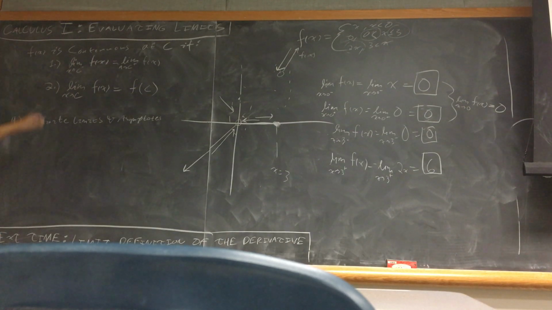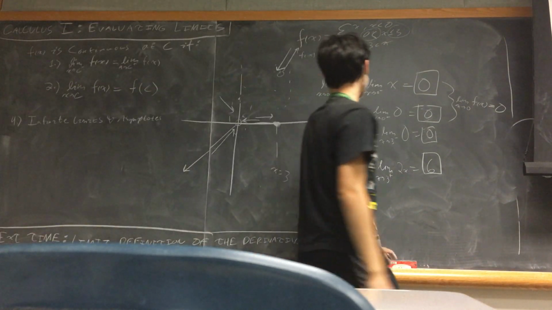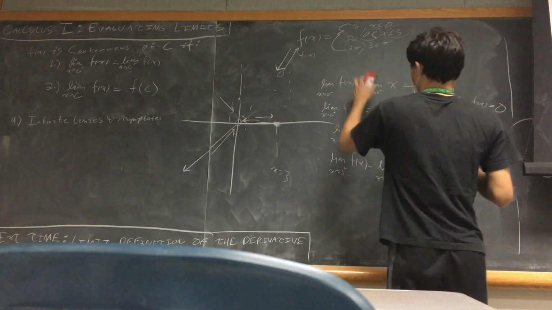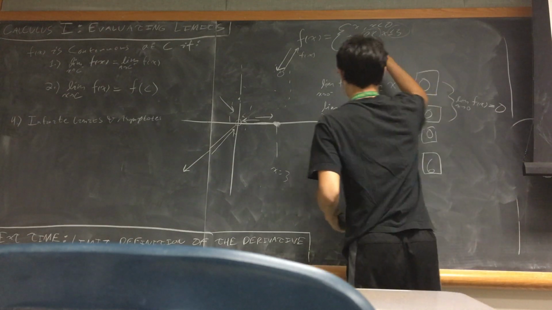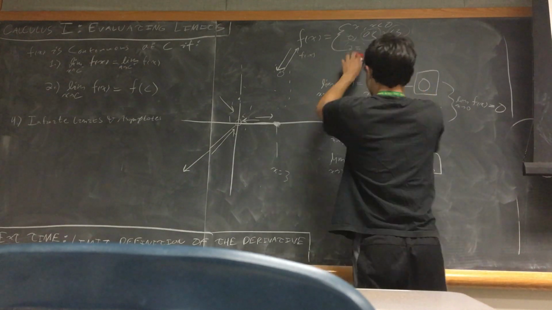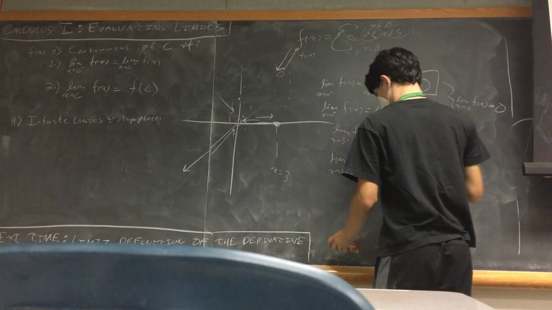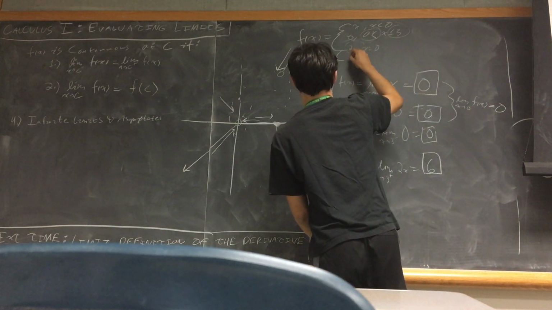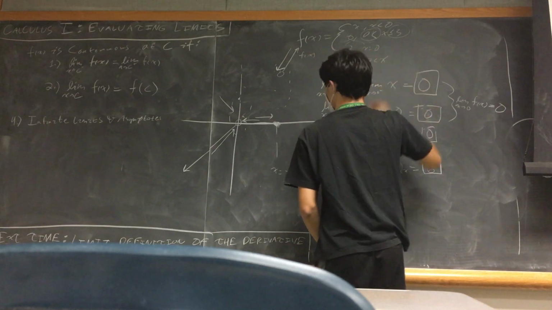Now let's say we were to get rid of this and say f of x is 2 at x equals 0, and then I'll just expand this. 2x for 3 less than x.